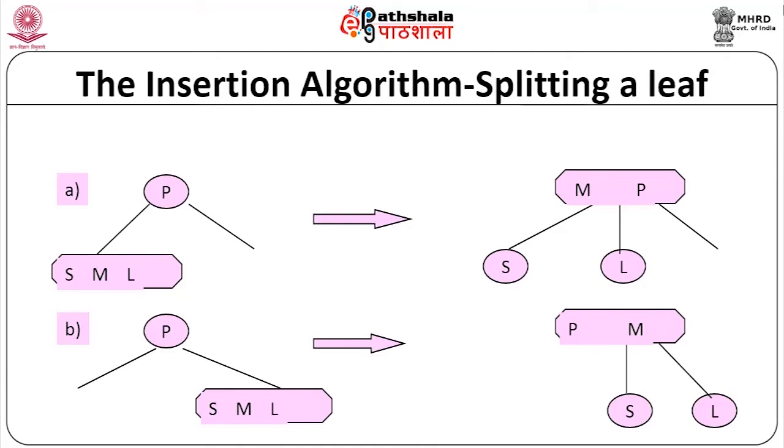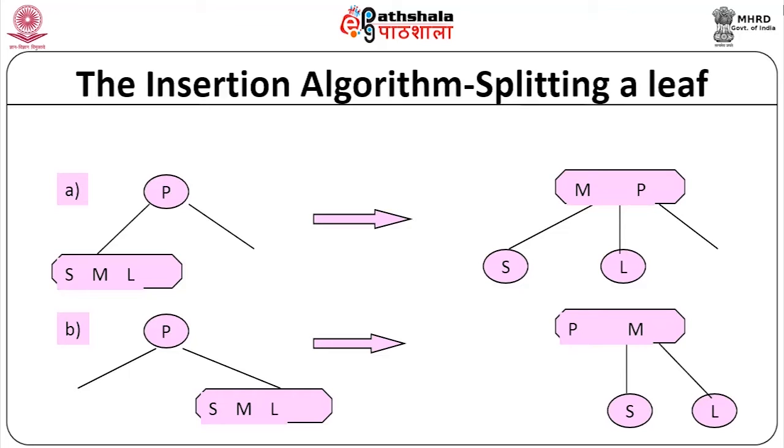So, the first question is you have S, M, L, that is you have got 3 items now after the insertion, and this SML is to the left of the parent and the parent has only 2 children. Then what you do, you just take S on one side, L on one side, and whatever child the parent had remains there, and M goes up.